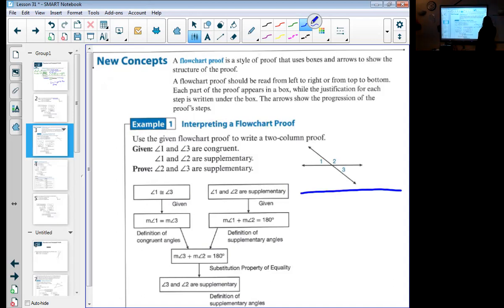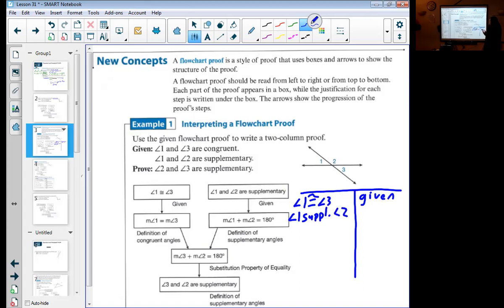So for this, we have angle 1 is congruent to angle 3. We know that is true because it is given. Angle 1 is supplementary with angle 2.